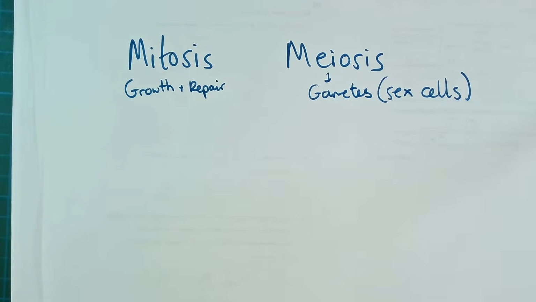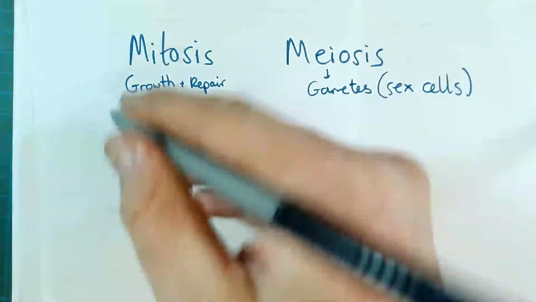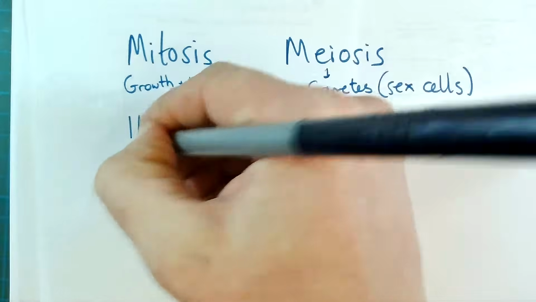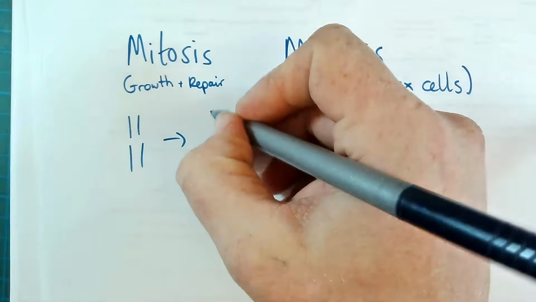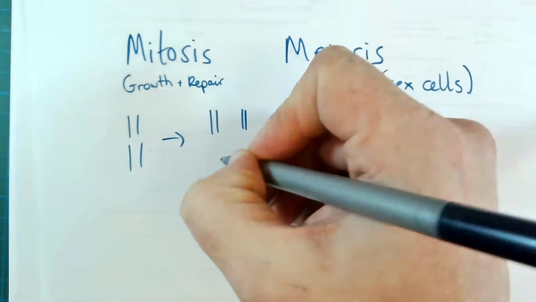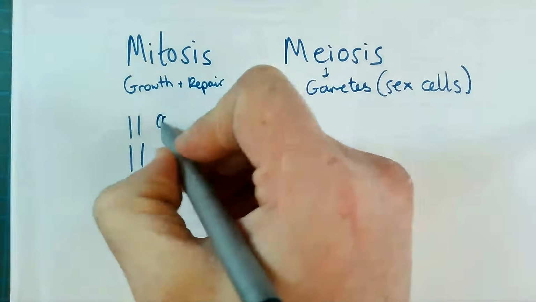I want you to make an identical pile. Well, the first thing that you do is you copy it.